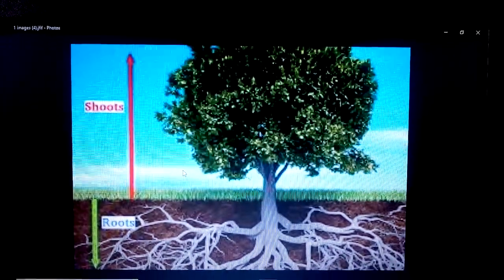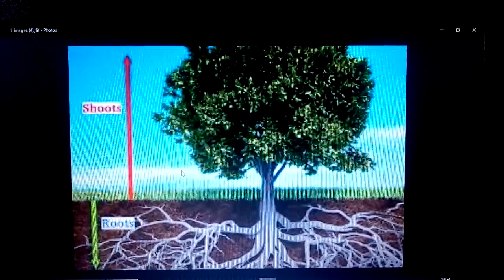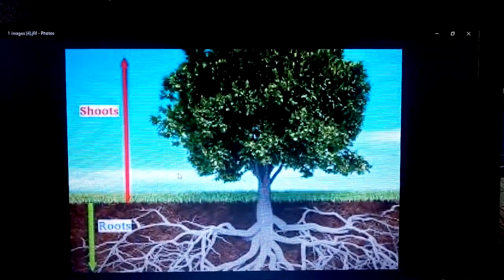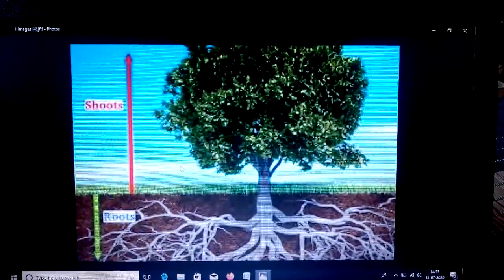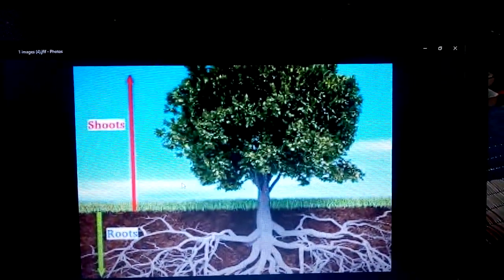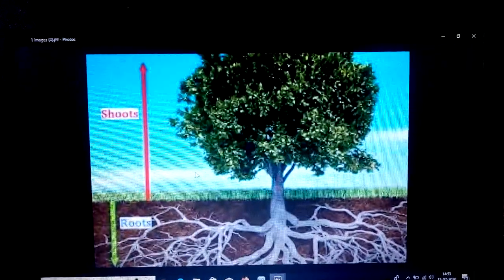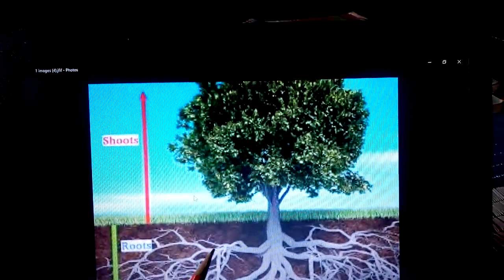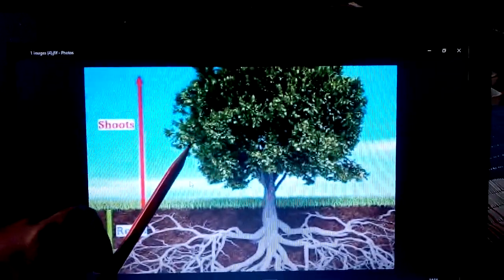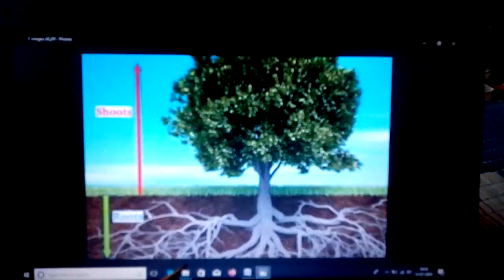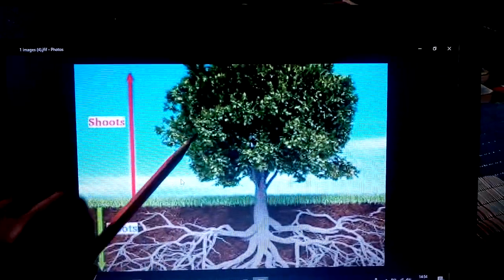Okay, we have studied the basic concept of a plant, then we go on to learn from the different pictures. This plant is divided into the root system and the shoot system.